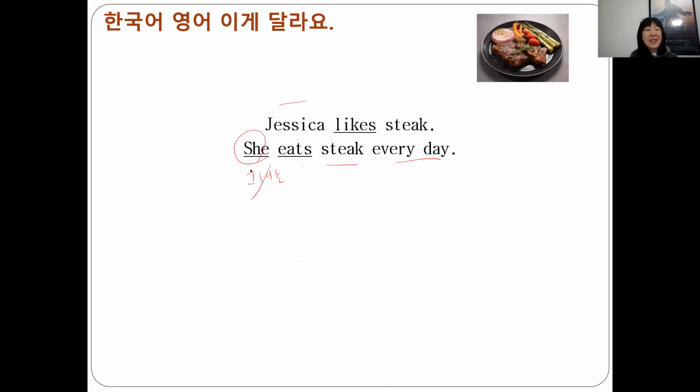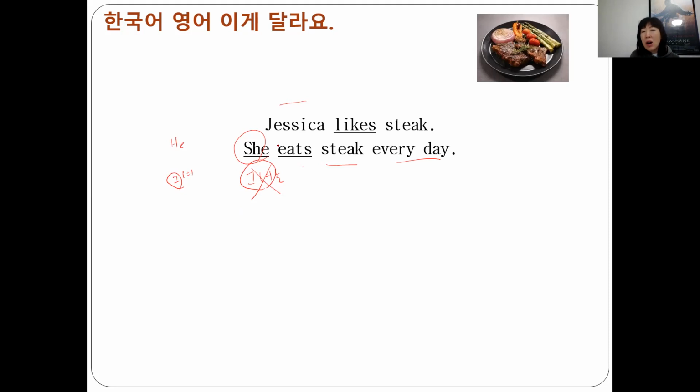We don't say 그녀는. Of course, there are cases in which we translate 그녀는, but usually in novels or essays. But in our daily life, we seldom say 그녀는 or for he, 그는. We seldom say 그와 그 in our daily life when we speak.